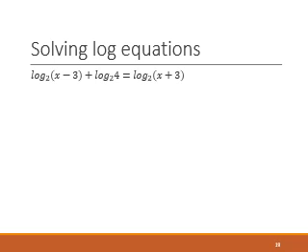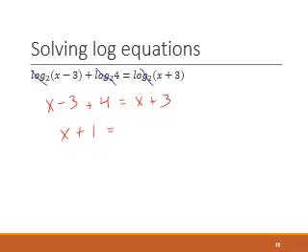You cannot look at this and say, oh, well, they're all log base 2, so let's just pretend the logarithm went away. Because if you did that, then you would end up with this, and that's saying x plus 1 equals x plus 3. And if you try to isolate the variable, when you subtract x from both sides, you end up with this perplexing result.